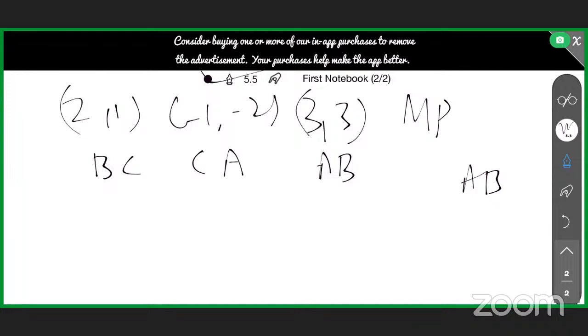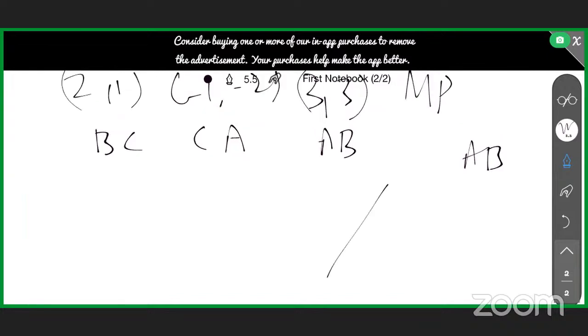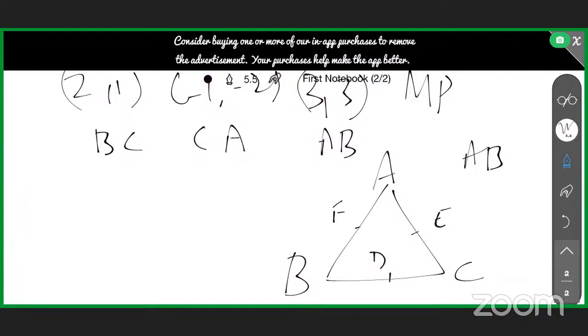So if you draw the diagram, it will become triangle ABC, and let me take the midpoint of BC as D, and the others as E and F. Now they are asking us to find the equation of AB.